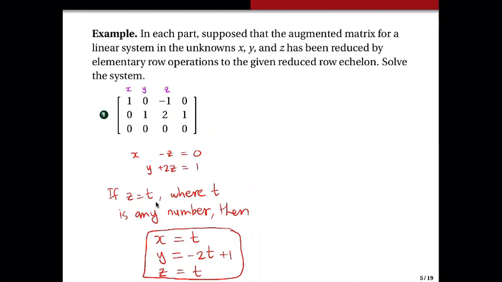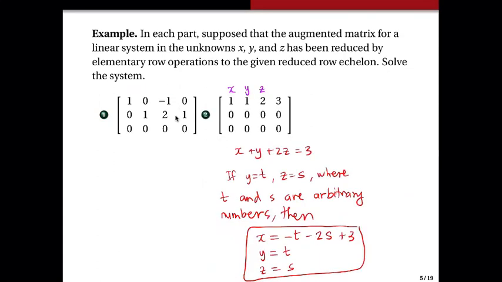Okay? And you call this t here a parameter, where t is any number. It means that if you replace t with an actual number, there will be values for x, y, z. And those values will give a solution to the linear system. In this example, you have two parameters, t and s.